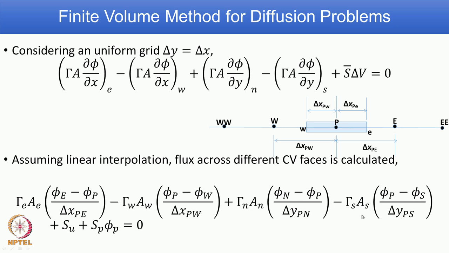Similarly, the other term, that is gamma s A s, phi at P node minus phi at S, divided by delta y PS, and the source term is evaluated as we did in the one dimensional case, that is S u plus S p phi p equal to 0.